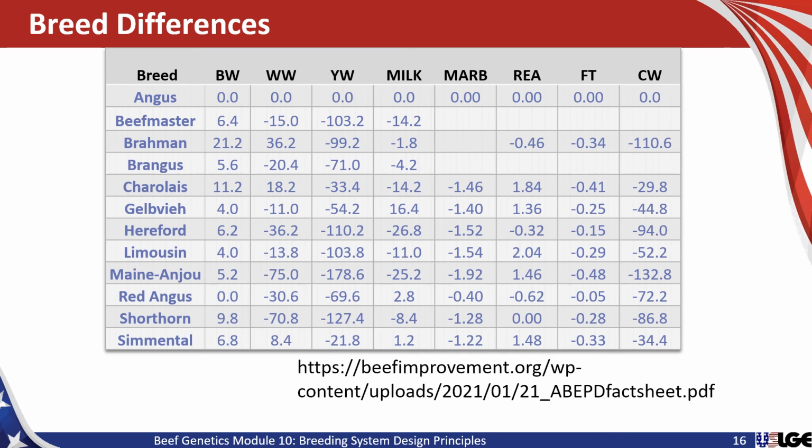And recall that in the table on the current slide, I show breed differences. While the rank of breeds would be the same, whether showing a breed difference or a breed of sire difference, the magnitude would be different. And it's important to understand the difference between the two so as not to misinterpret the differences between breeds.